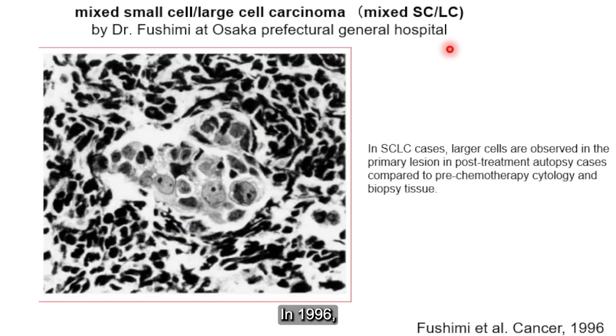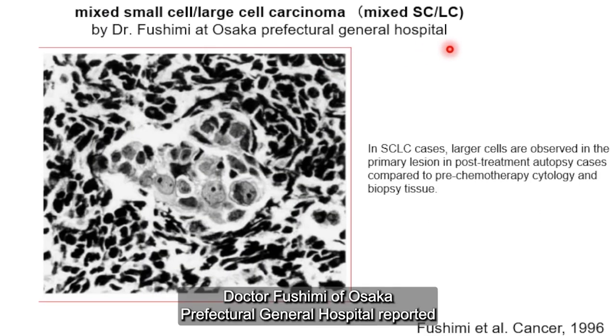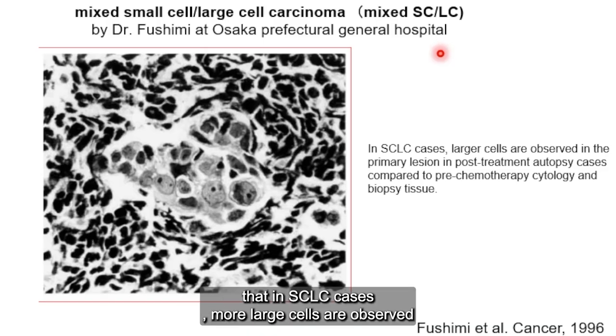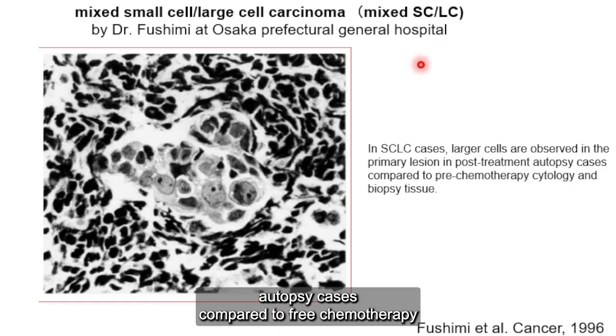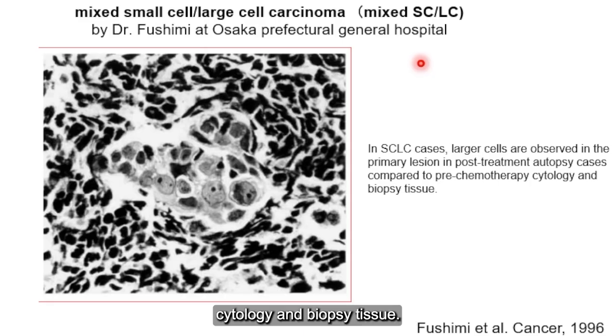In 1996, Dr. Fushimi of Osaka Prefectural General Hospital reported that in SCLC cases, more large cells are observed in the primary lesion of post-treatment autopsy cases compared to pre-chemotherapy cytology and biopsy tissue. They called this histology mixed small cell and large cell carcinoma. We speculate that these large cells are YAP1-positive cells.